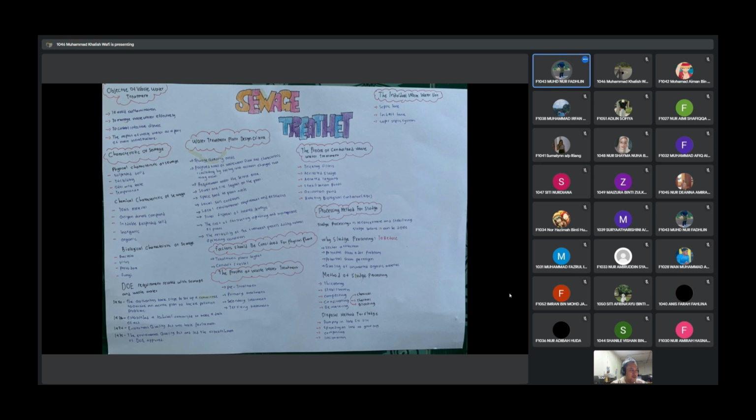Astaghfirullahaladzim. Next is the biological characteristic of the sewage. Next is DOE requirements related to sewage and wastewater.